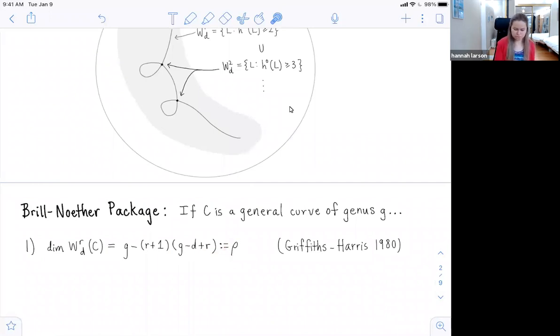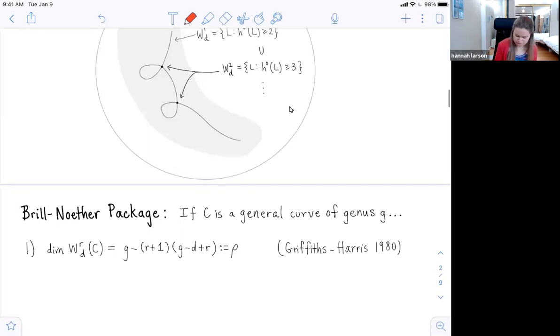I'll denote this by rho, and it's called the Brill-Noether number. Implicit in this statement is the claim that if rho is negative, then W^R_D of C is empty. This was proved by Griffiths and Harris in 1980.